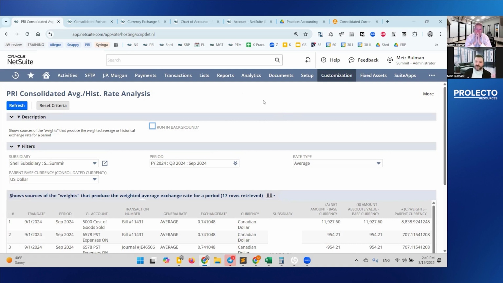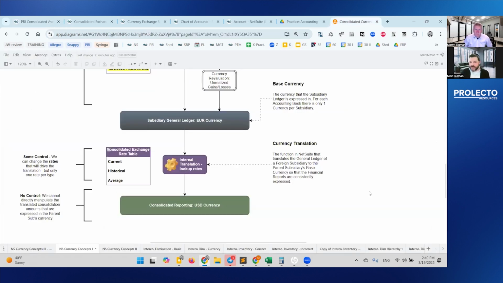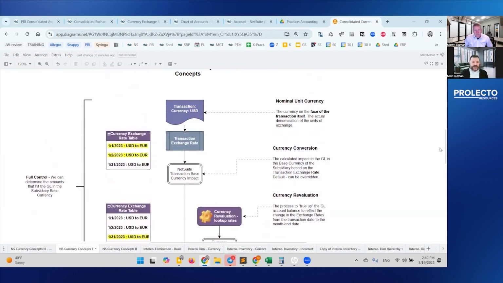My transaction was a USD transaction, and I know my books are Euro books, but I'm consolidating back to USD. So shouldn't the amount of the transaction tie out to the end? They're confused about the distinction between the transaction currency and consolidation. There's just a lot of confusion, which is totally understandable. It's a difficult, complicated concept.